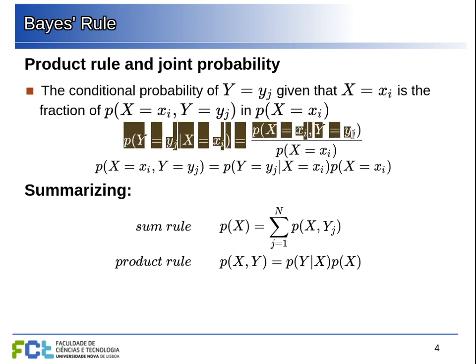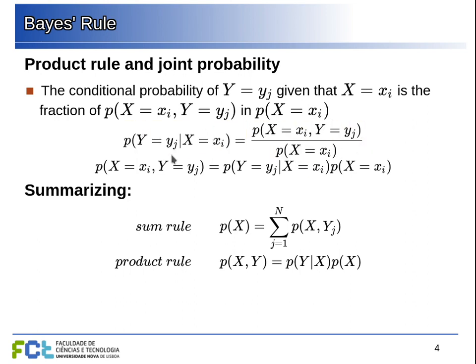So this is an important relation because it allows us to compute the probability of one of the variables having some value after we fixed the value of the other from the joint probability distribution, or vice versa, because then we can change this and compute the joint probability from the conditional probability and the marginal probability.